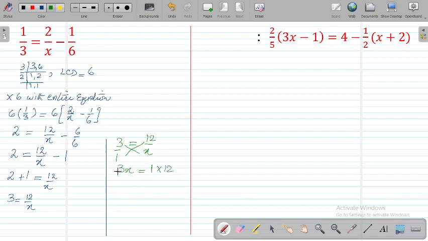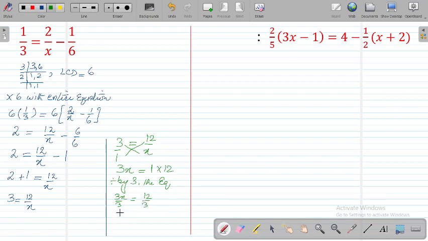Okay, so now you are interested only in the value of x. In order to make it simpler, you divide the equation by 3. So what's going to be the equation? It will come out to be 3x on 3 is equal to 12 upon 3.